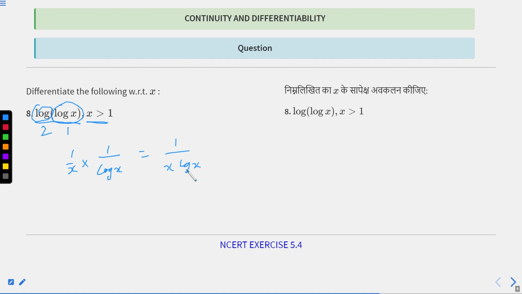If x is 1, then log 1 will be 0, as you all know. So that's why we didn't take these values. This is independently the choice of the writer, so x is greater than 1. Okay, clear?